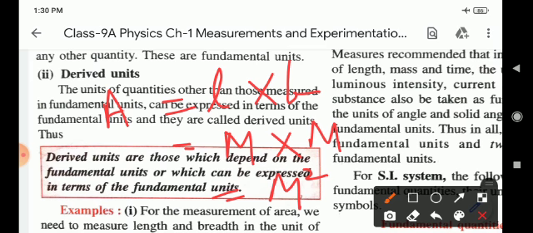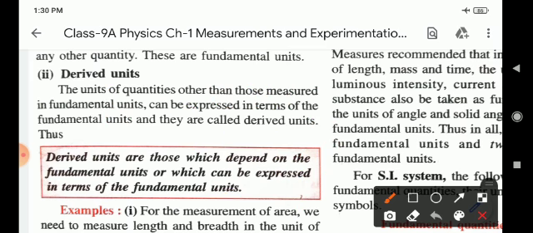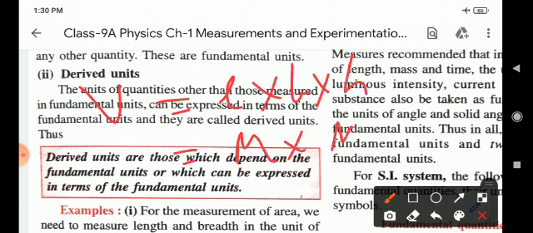Next, volume of a cuboid is length into breadth into height, that is meter into meter into meter, that is meter cube. Understand? It is the derived unit. Length, breadth and height are fundamental units and volume is the derived unit.